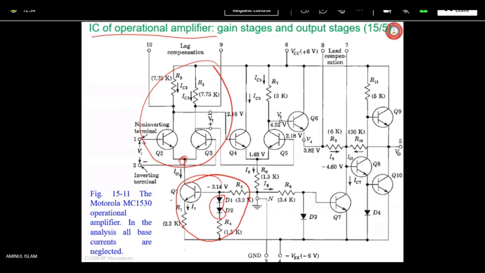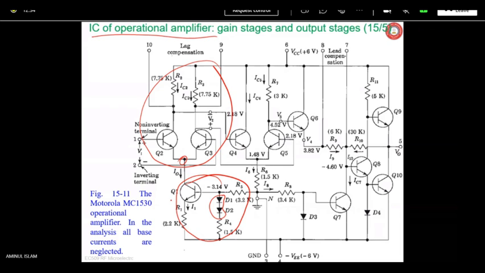The DC voltage at the common emitter of Q4 and Q5, this point is talking about the common emitter of these two, is VEN4. This is emitter to neutral point, this point. Okay, VEN4 means that.